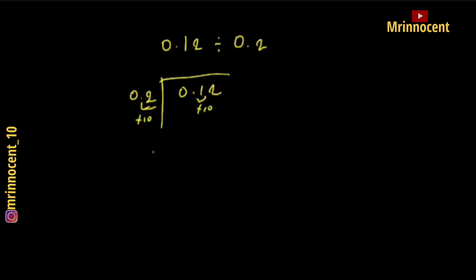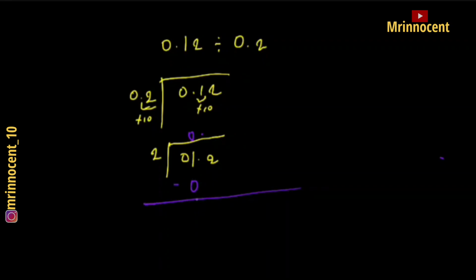So you have 2 divided by 1.2. So 2 divided by 1 is 0. 0 times 2 is 0. You subtract.